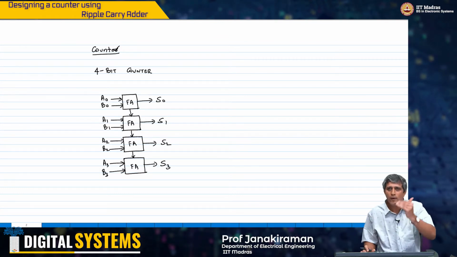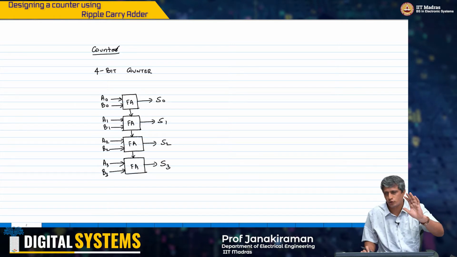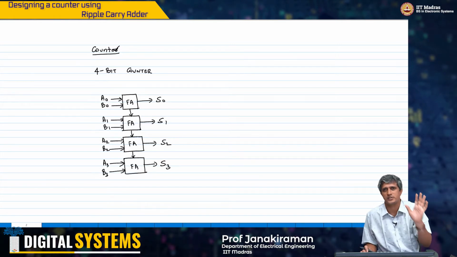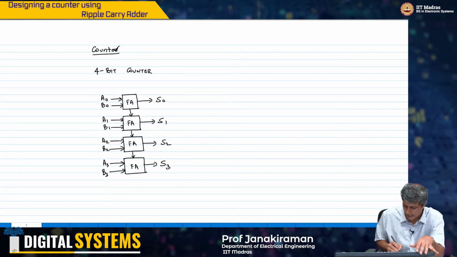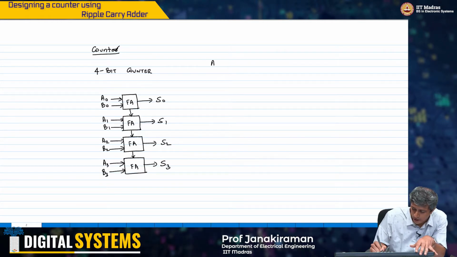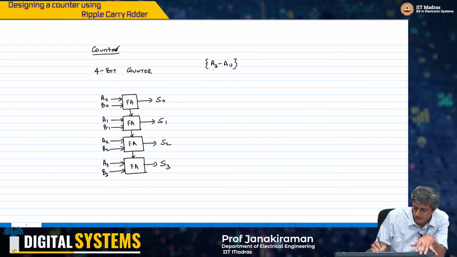Okay, so now what is the general idea? I want to add 1 to some number. Actually that's all it is. If you give me the current state somehow, I am going to add 1 to this. So what do I need to do? My numbers, by the way, A3 to A0, this is the MSB.